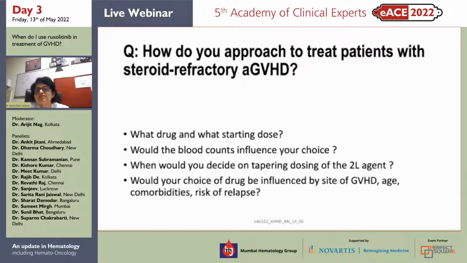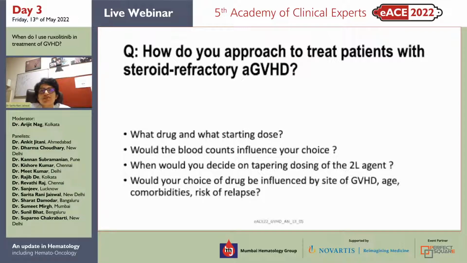So, Dr. Adijit, you know that we are using a very specific molecule, which is called T-cell co-stimulatory blockade, in our protocol. So hardly do we see any GVHD, the incidence is very low, less than 10%. Whatever you use has the same result, and at the same time ruxolitinib also has a similar kind of result.